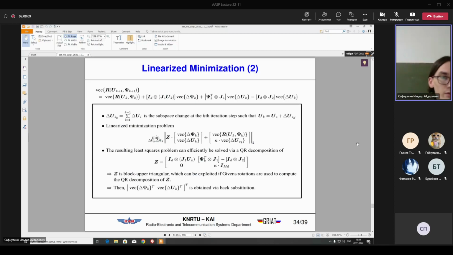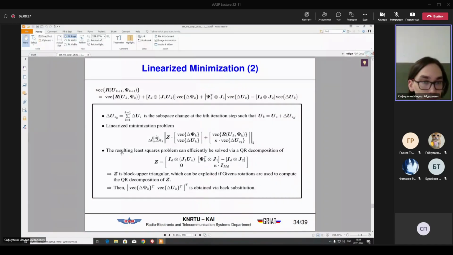So here we have this linearized minimization problem, which is equal to this Z times, let's say, vector x plus this cost function for step k. It is not really a cost function, but vector c is k.